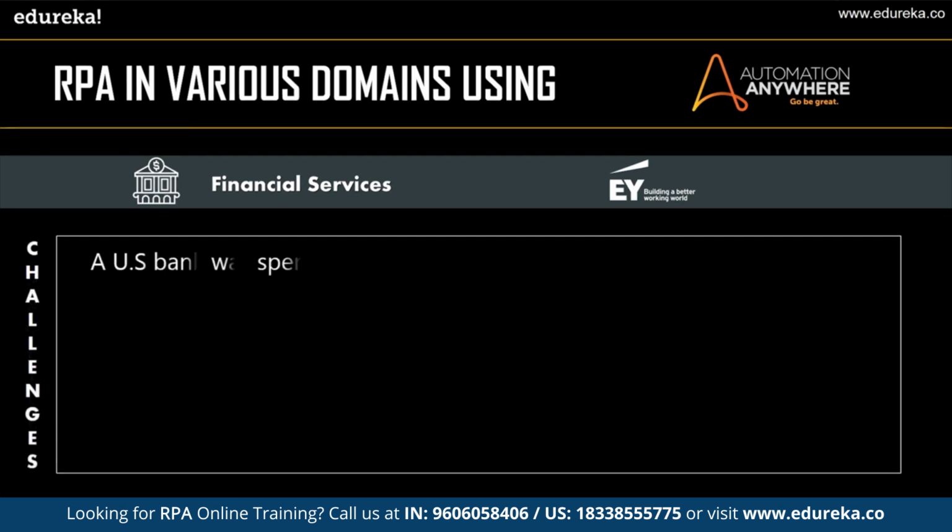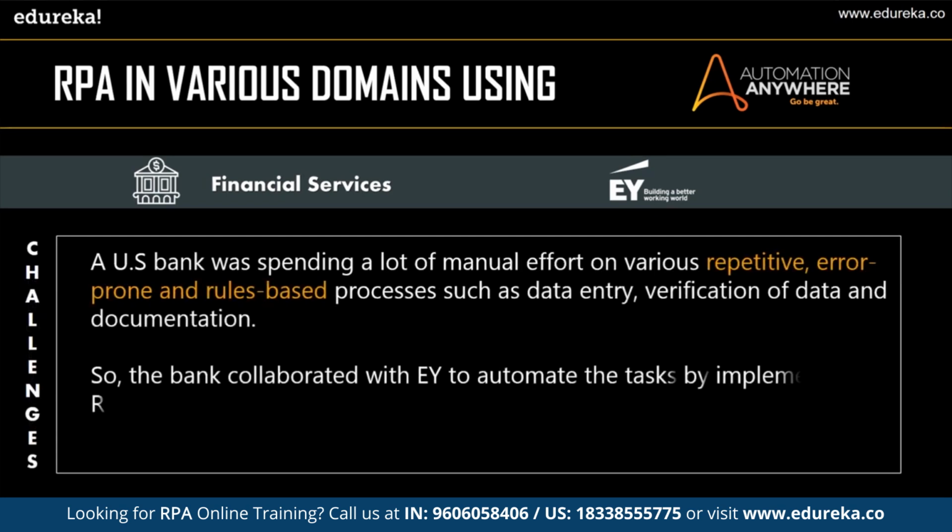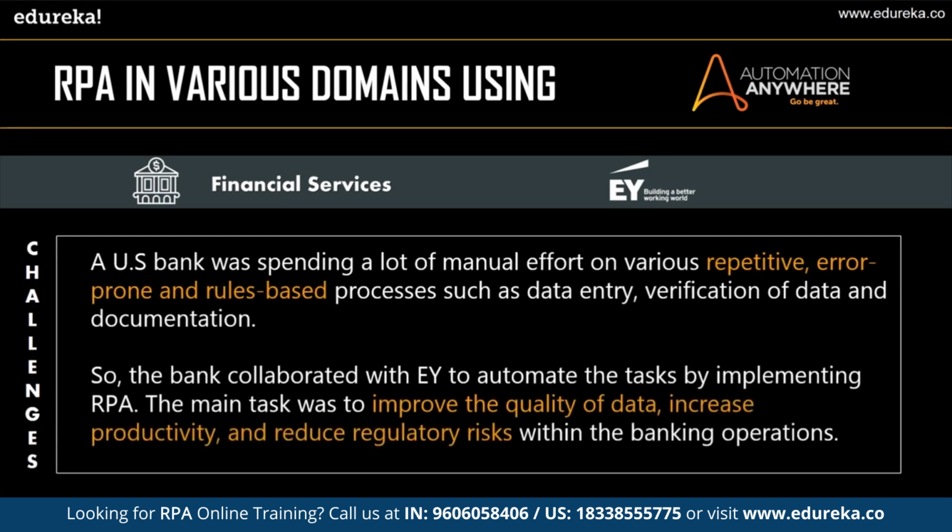Now, one of the main challenges observed by EY was that a US bank was spending a lot of manual effort on various repetitive, error prone, and rules based processes such as data entry, verification of data, and documentation. So, the bank collaborated with EY to automate the task by implementing RPA, and the main task was to improve the quality of the data, increase productivity, and reduce regulatory risk within the banking operations.